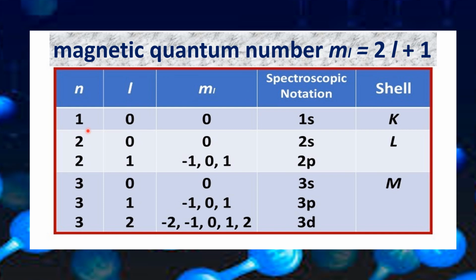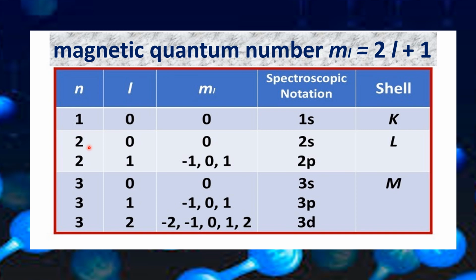So for example, if n equals 1 and l equals 0, then the only value for m sub l is 0.